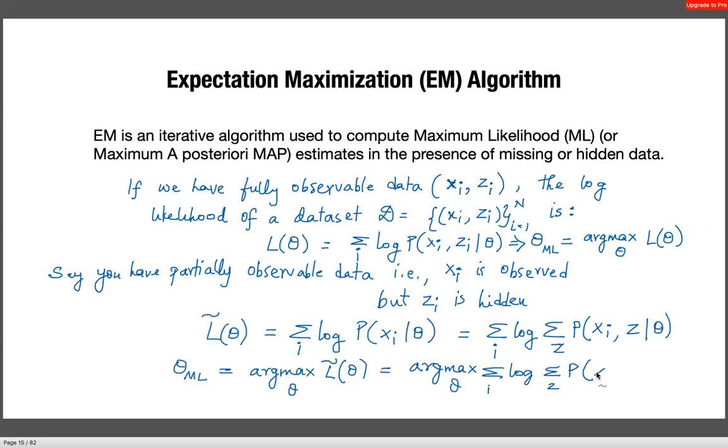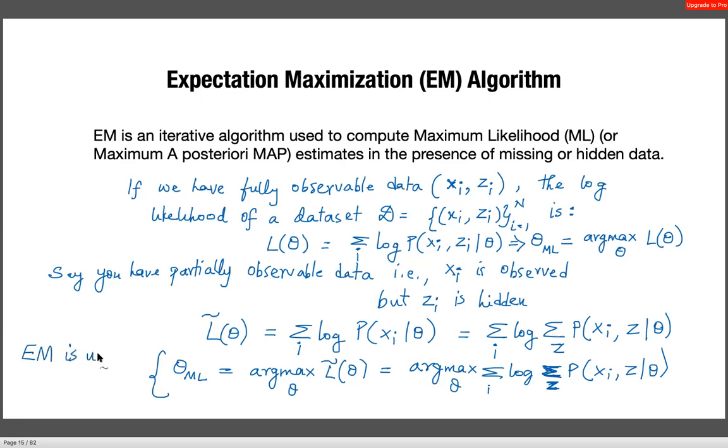And here you have this pesky logarithm of a sum term. So this is kind of difficult to optimize, right? And how do you do this when Z is not observed? And this is exactly what EM is used for.